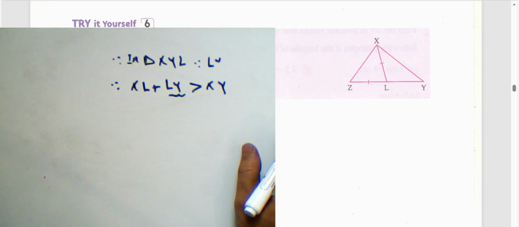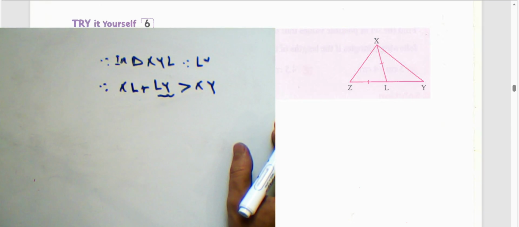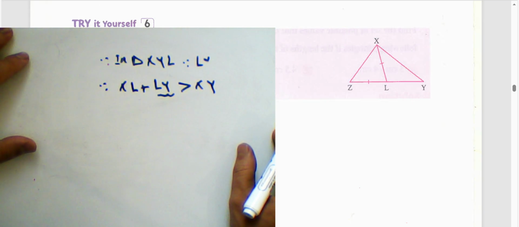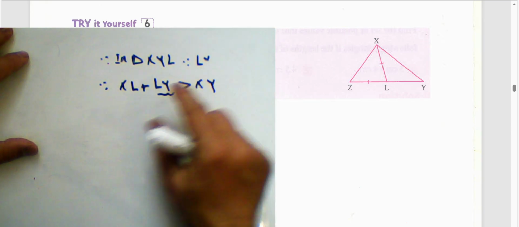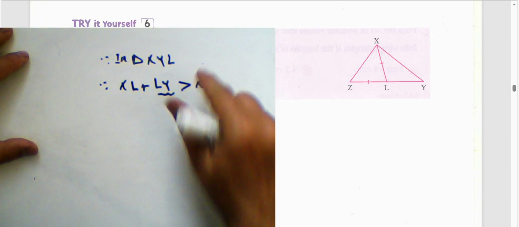Look with me again, my students. We know that in any triangle the sum of any two sides is greater than the third. I will choose triangle XLY.